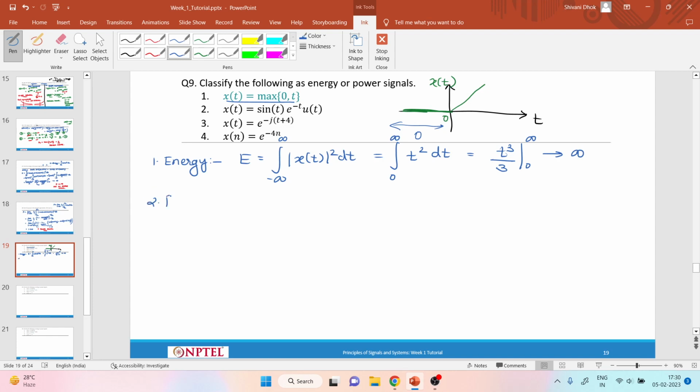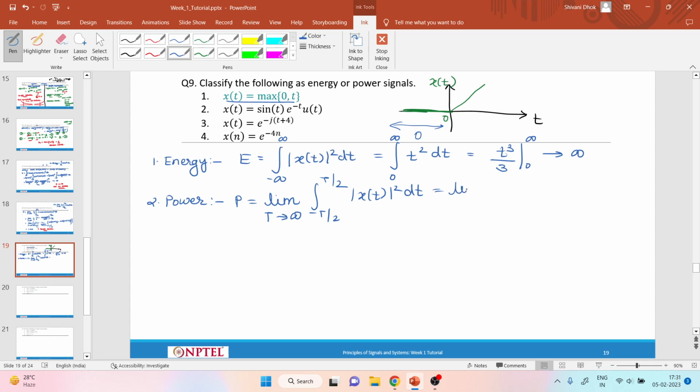Now let us look at power. Power is equal to limit t tending to infinity of 1 by t, integral from minus t by 2 to t by 2 of mod x of t square dt. Again, from minus t by 2 to 0 this signal will be 0, so I can just focus on the 0 to t by 2 limit.